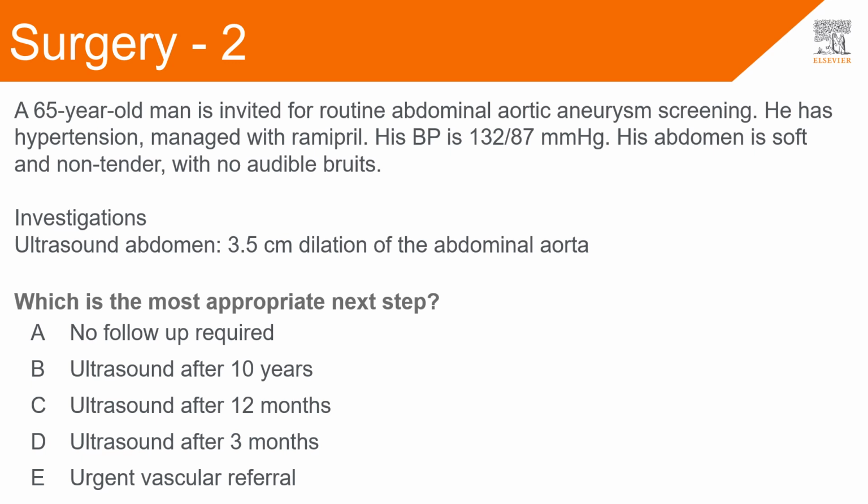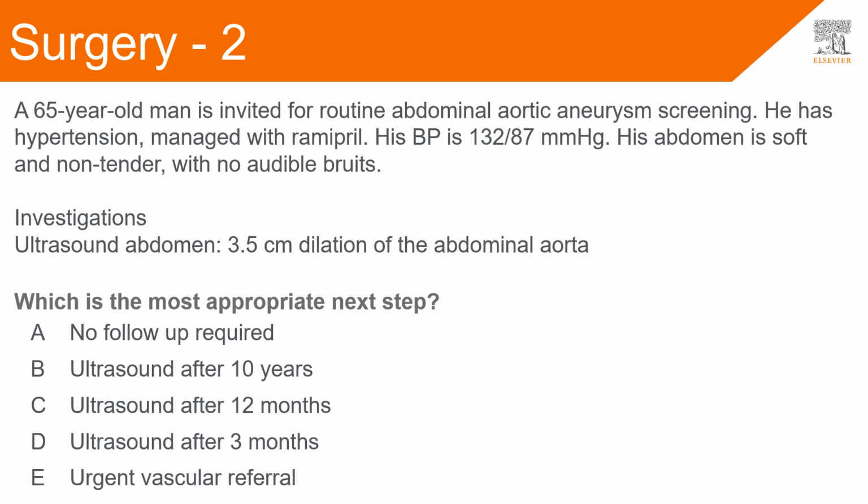Moving on to the next question. So again, I'll read out the question and the answer options and then give you about 30 seconds to think about the most likely answer. A 65-year-old man is invited for routine abdominal aortic aneurysm screening. He has hypertension managed with ramipril.